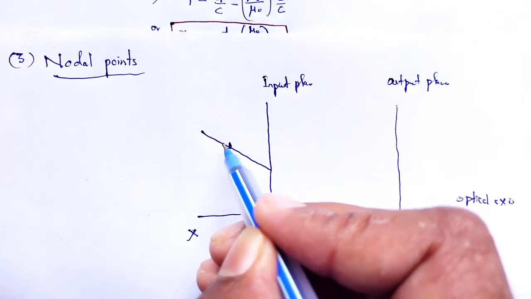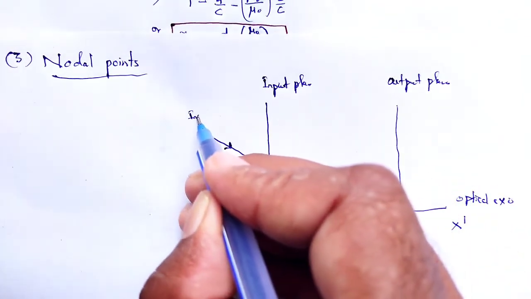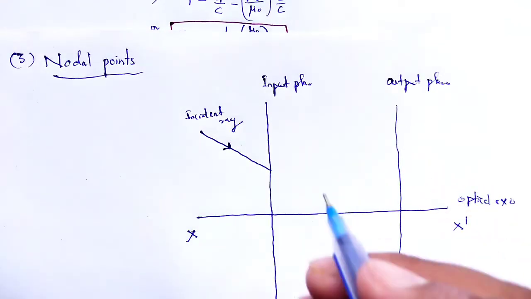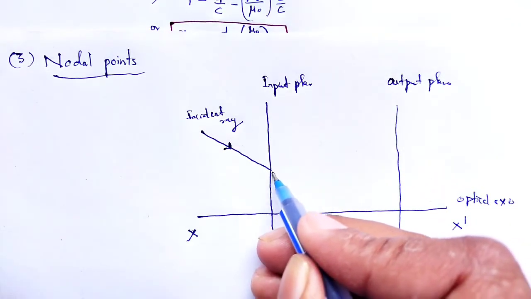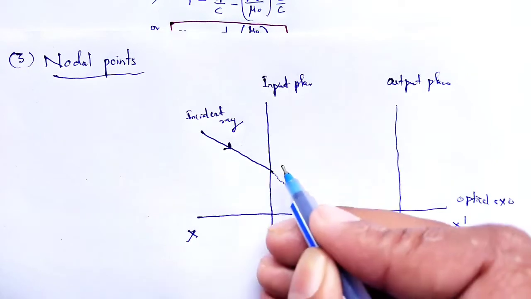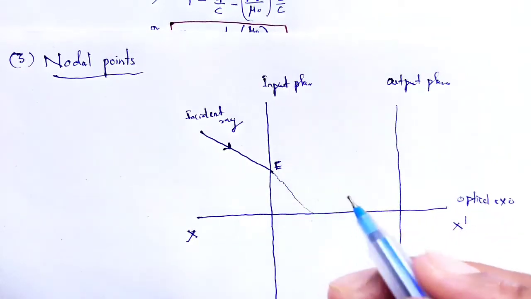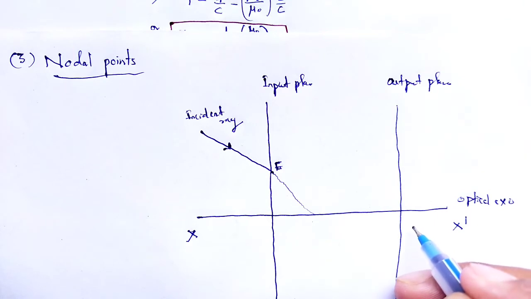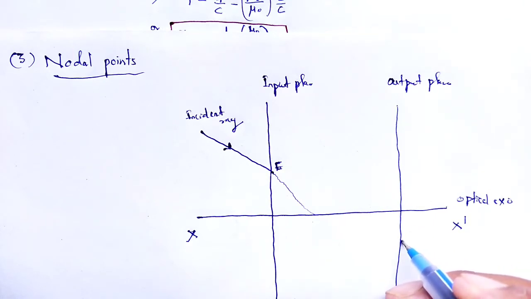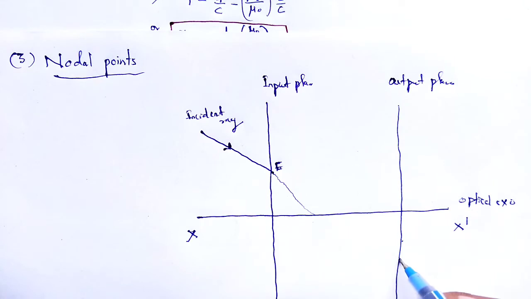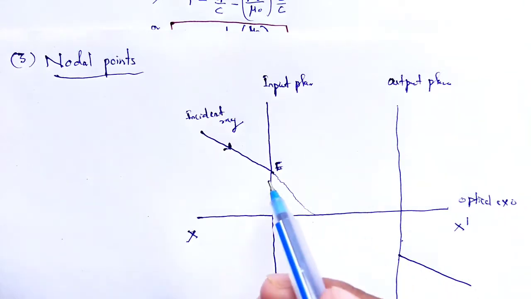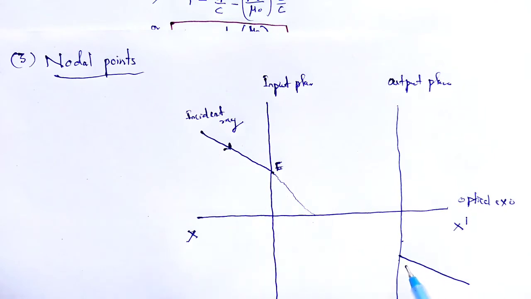That one is the incident ray, which is incident at point E, and it emerges like this, which is parallel to the incident ray.